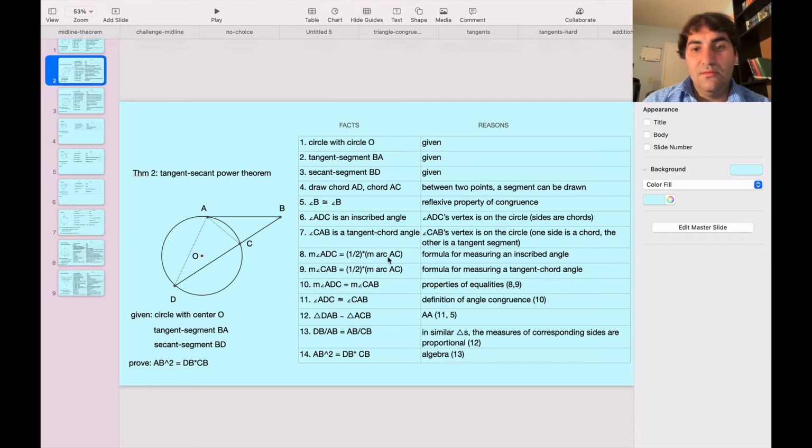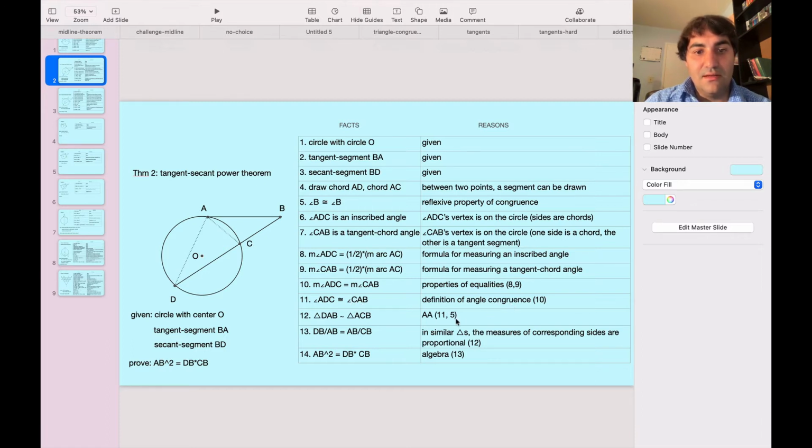So we can use the measure of angle ADC equals 1/2 times the measure of arc AC by the inscribed angle formula, and the measure of angle CAB equals 1/2 times the measure of arc AC by the tangent chord angle formula. You can see these two quantities are equal, so I can set them equal. So the measure of angle ADC equals the measure of angle CAB by the property of equalities. Therefore, angle ADC is congruent to angle CAB by the definition of angle congruence.